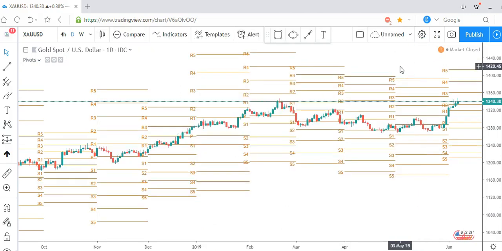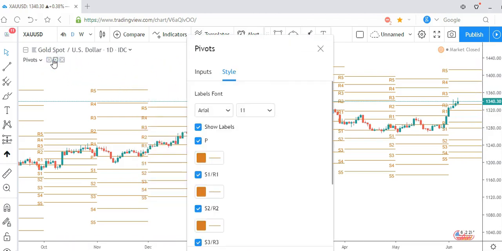You can see there are different pivot levels for different days and trading weeks. So you come here, click on the settings, and here we are.